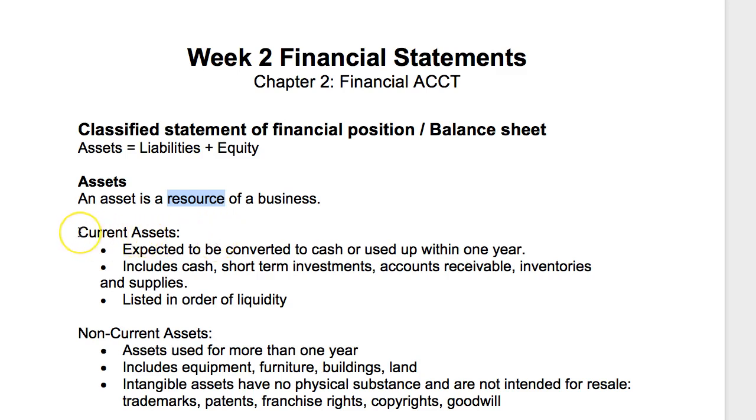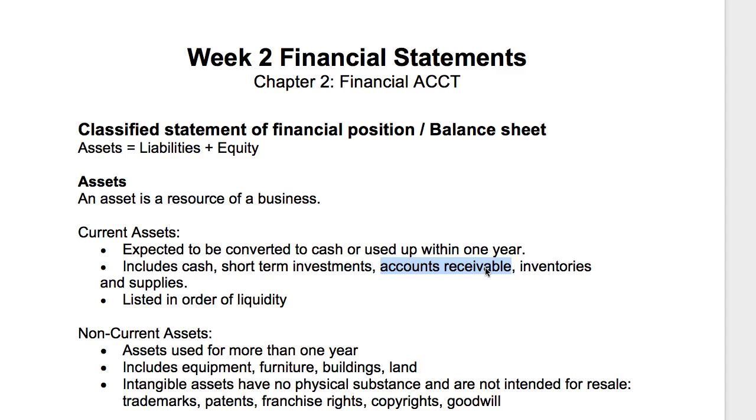Assets are split into two sections. The first are the current assets. Current assets are expected to be converted to cash or used up within 1 year. So cash is always included. That's my favorite asset. We have short-term investments, and then we have accounts receivable. Accounts receivable is where you have provided the product to your customer, but you haven't got the money yet.